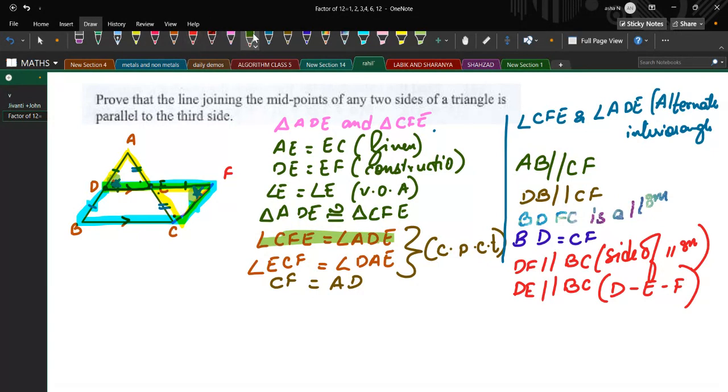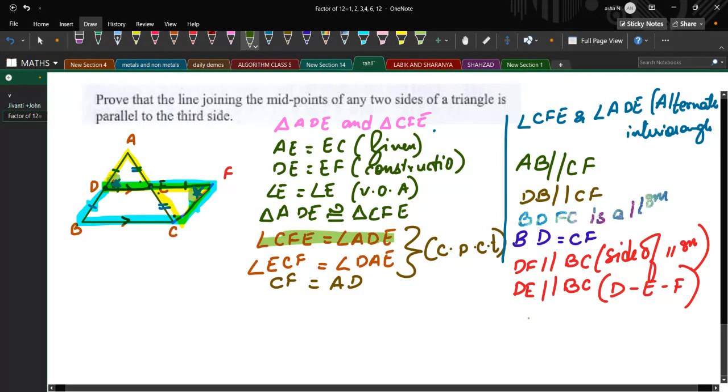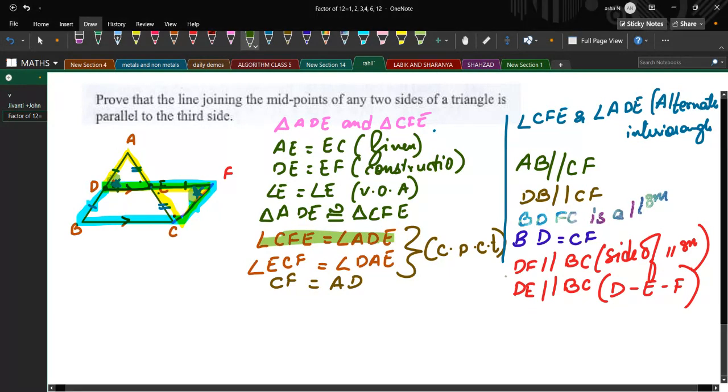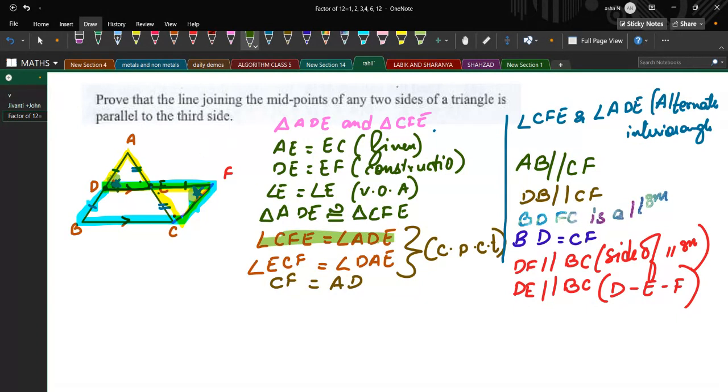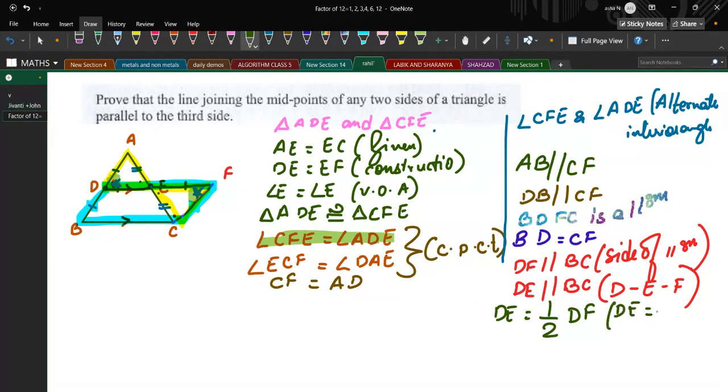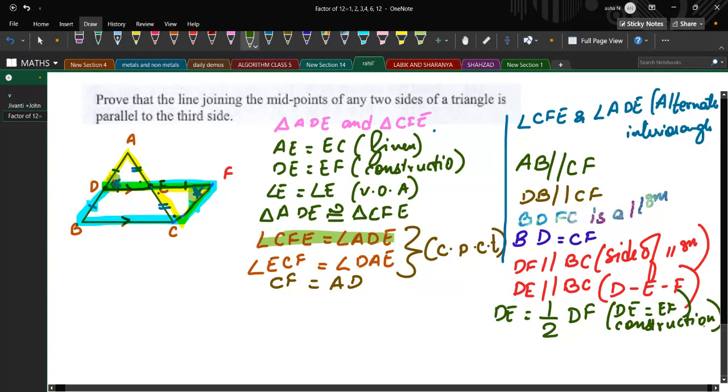And one more thing, DE is half of BC, because DE and EF... DE is half of DF, since DE is equal to EF because of the construction that we have already written at the start, where we extend the line in such a way that DE is equal to EF.